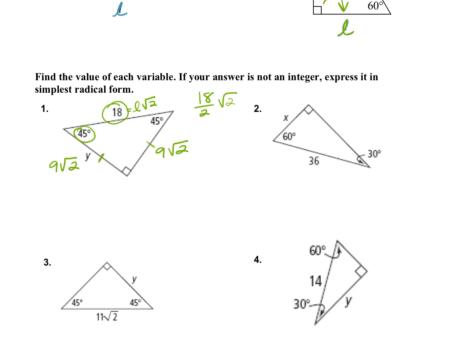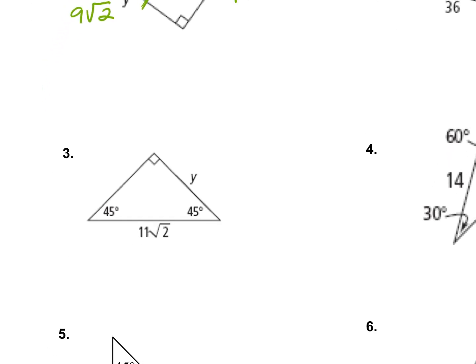Okay, this one, you have L rad 2, right? If we set this up as a 45, 45, 90, it's L, L, L rad 2. What is L? It's not 5.5.